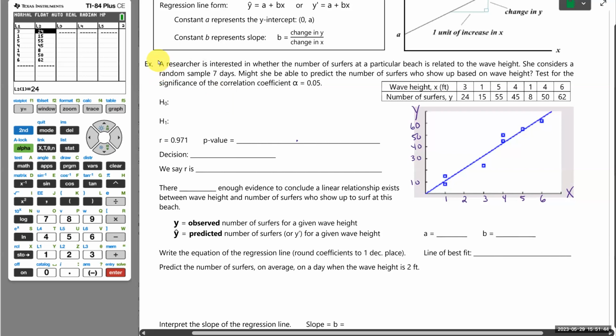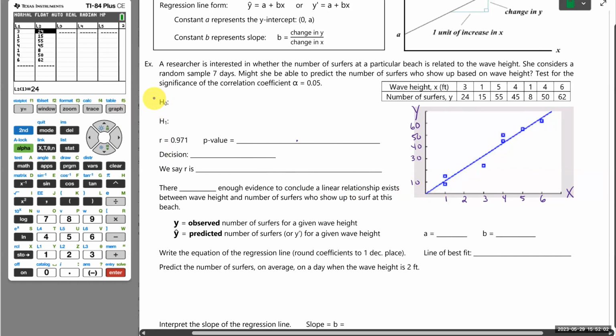So we have our example where the researcher collected data for 7 days, and we had drawn the scatter plot, and now I've also drawn this line that's describing that relationship. We'll get to that line in a moment. Let's start with the hypothesis test.